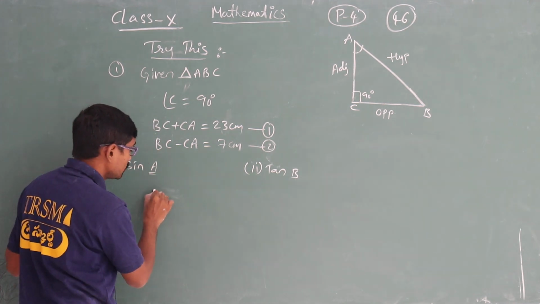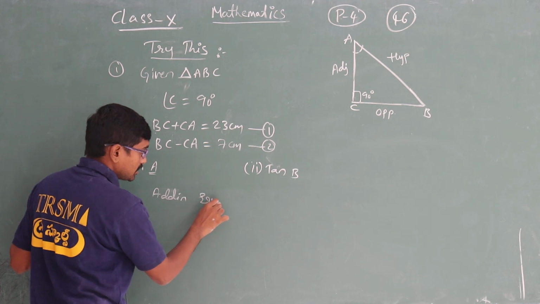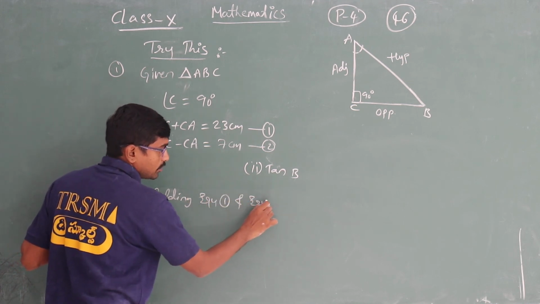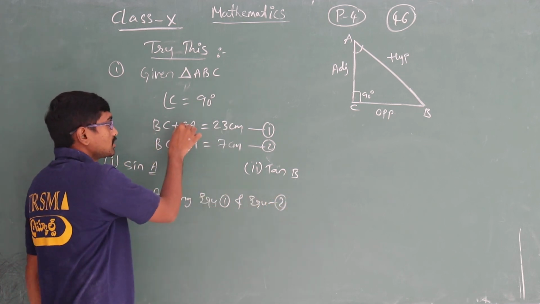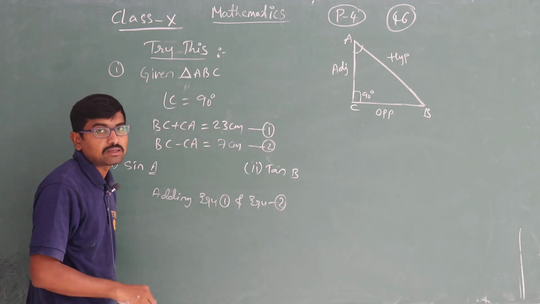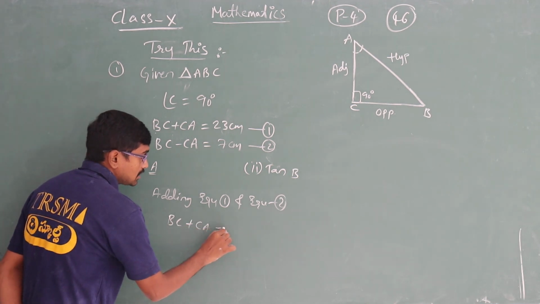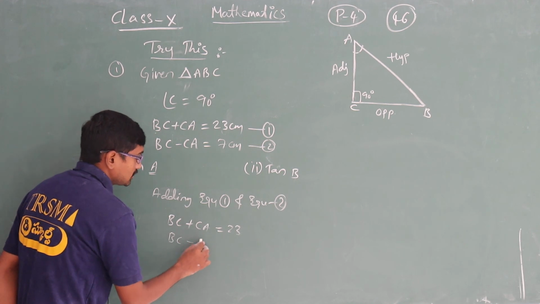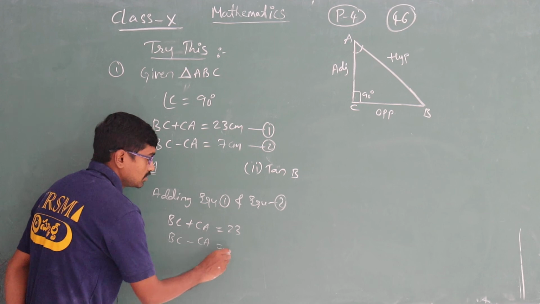So here what we will do is add equation 1 and equation 2. Directly we will add these both equations. Why? Plus and minus will cancel. So we are just doing the vertical method of addition. BC plus CA is equal to 23 and BC minus CA is equal to 7.